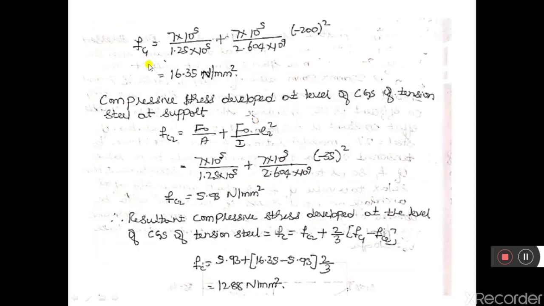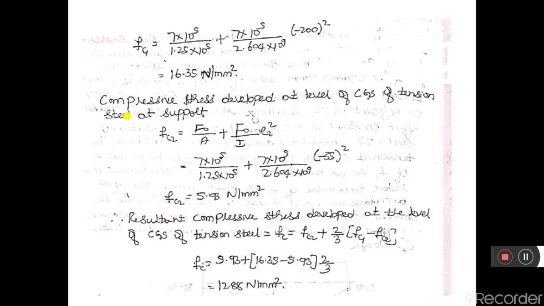We have calculated F naught, the area and the moment of inertia, and the eccentricity at the midspan is minus 200 because it is below the centroidal axis. So Fc1 is equal to 16.35 Newton per mm square.